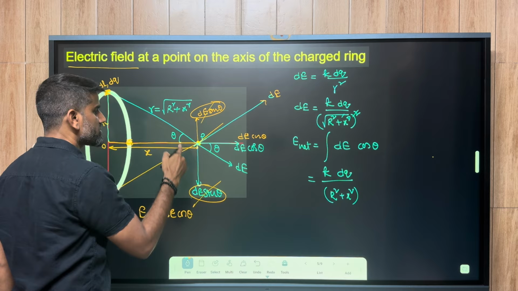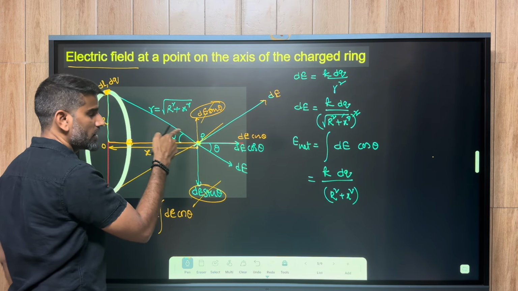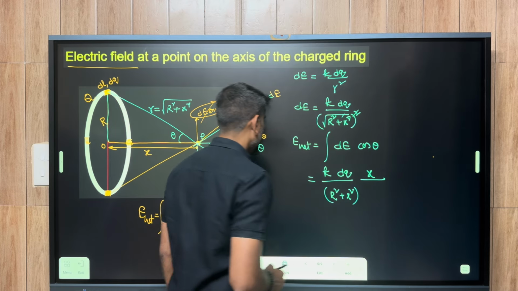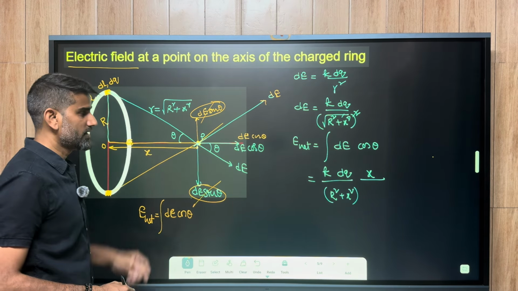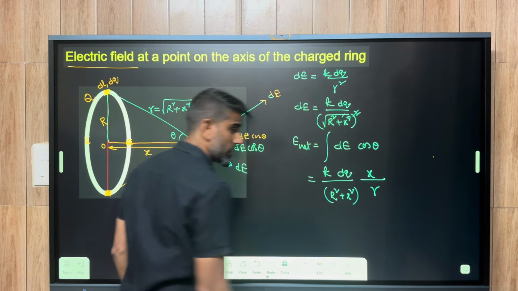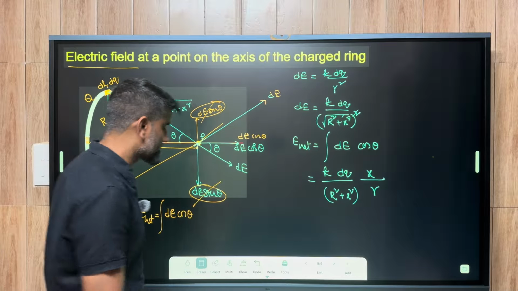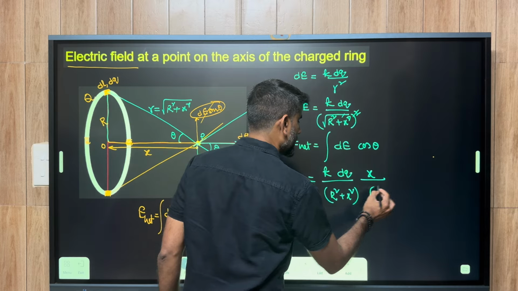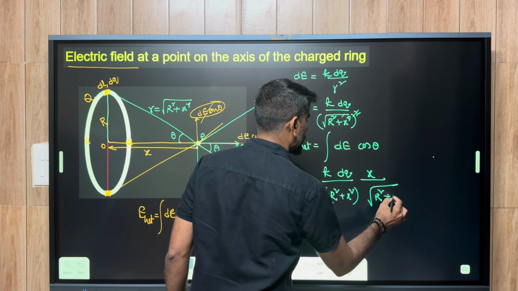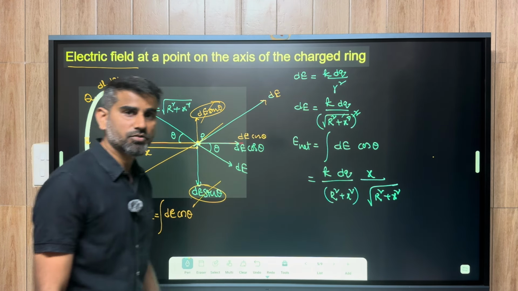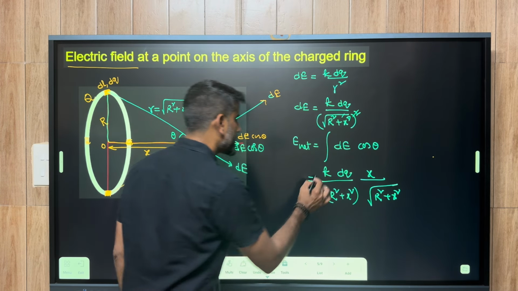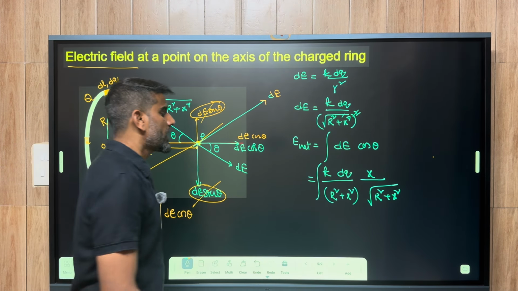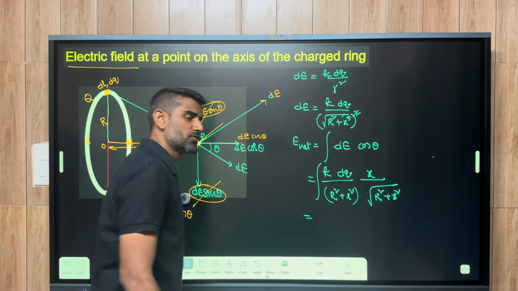From this triangle, cos theta is equal to adjacent upon hypotenuse. So adjacent is x and hypotenuse is small r. Can I replace this small r with root over capital R square plus x square? Yes, I can. I have the integration here. Is my point clear? Right? Okay. Now I'm taking all the constants outside.